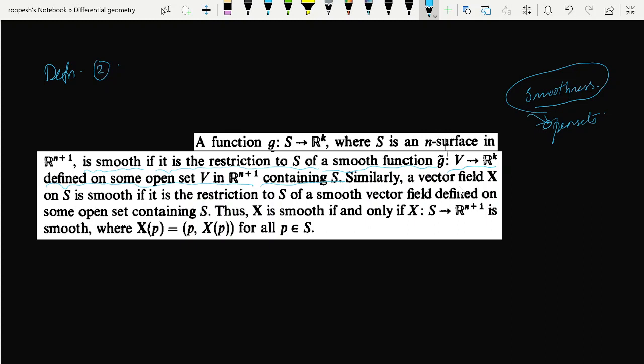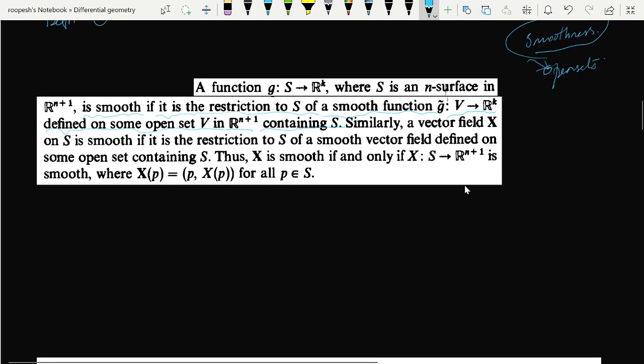So what's the meaning of this? Suppose we are having a function g from S to R^k, where S is an n-surface. So we have got an n-surface here. This is your S. Now from S to R^k, something like this. This is my R^k. For visualizing purposes only I am drawing this. It's not the actual drawing.